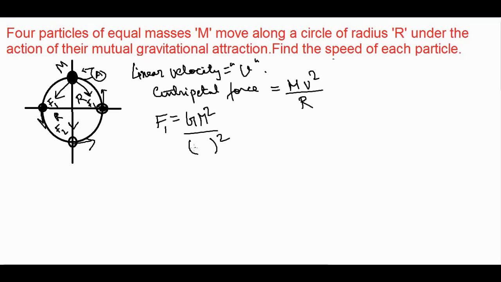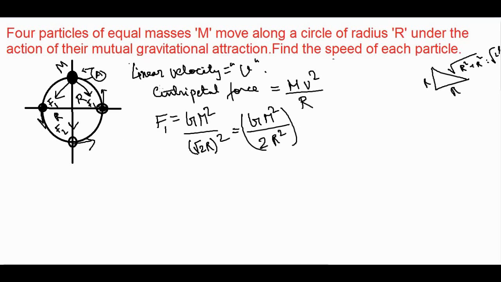It will be equal to root 2 r. This is r, this is r, so by Pythagoras theorem, this is r square plus r square, which is root 2 times r. So this will be G m square by 2 r square.